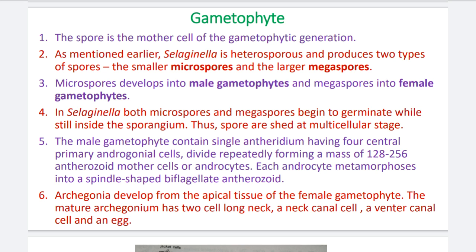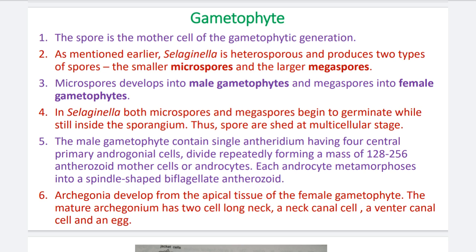They divide repeatedly, forming a mass of 128 to 256 antherozoid mother cells or androcytes. Each androcyte metamorphoses into a spindle-shaped biflagellate antherozoid.